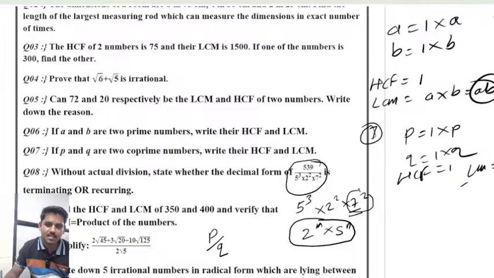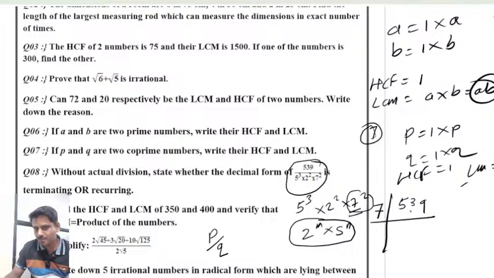But before that we should check the factorization of 539. If it is divisible by 49, then it will be terminating. If you divide by 7, 7 sevens are 49, again 7 sevens are 49. So we have the factorization 7 into 7 into 11.